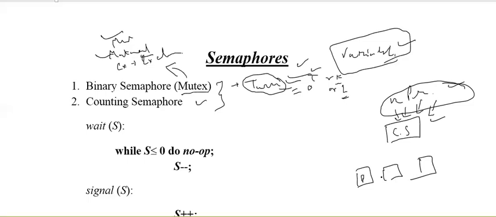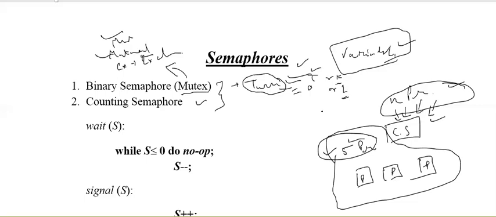Let's say I have three printers and I have five processes. How to assign these three printers to these five processes? We have not done any solution related to situations where I can have n resources or n critical sections. That thing is handled by counting semaphore.